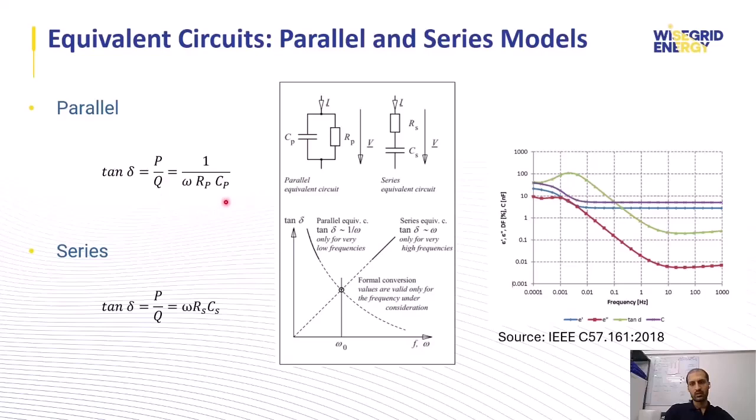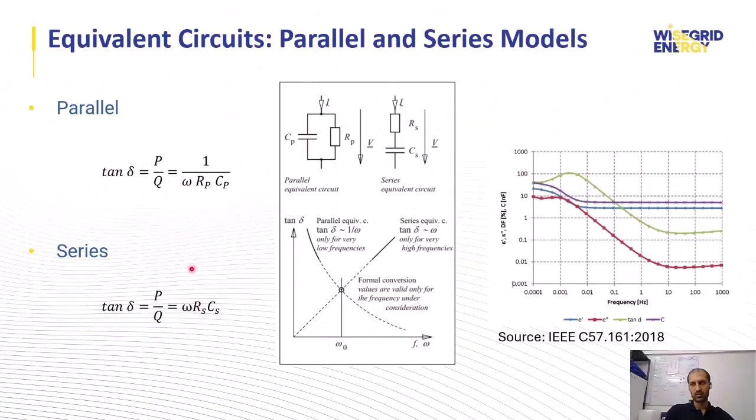the tan delta is inversely proportional to the frequency, meaning that if I increase the test frequency, the tan delta decreases. But in the series model, the tan delta is directly proportional to the frequency. So if we increase the frequency, the behavior of tan delta depends on which model we use.